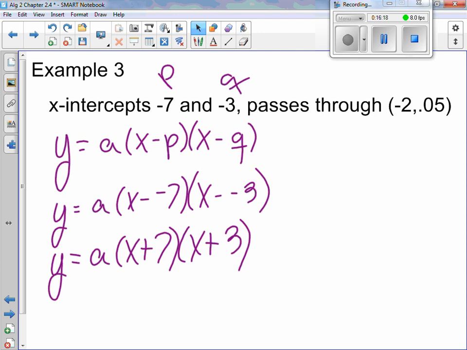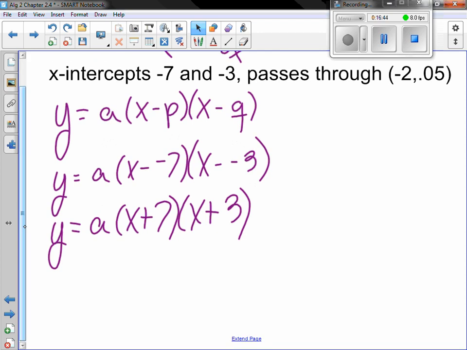Because sometimes it's easier to visualize if it's written out, each step by step. Now, the way that you put these in, I could have put the -3 first, and then the -7. It doesn't matter which order. P and Q are just the x-intercepts.